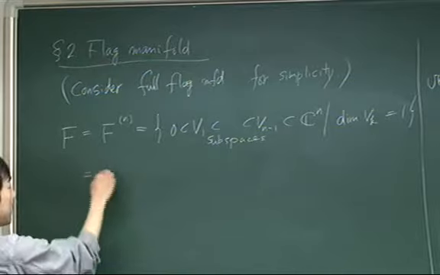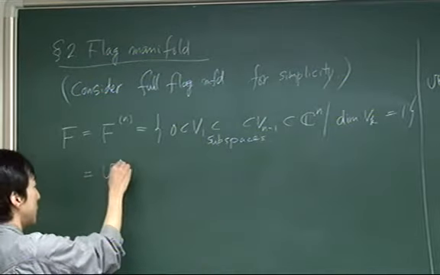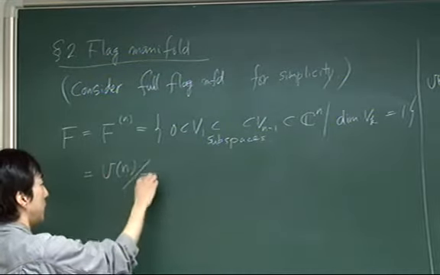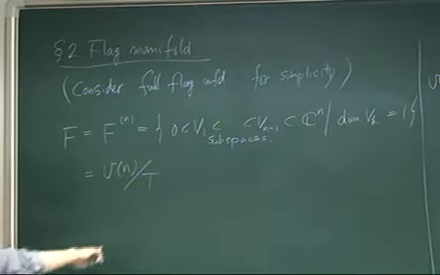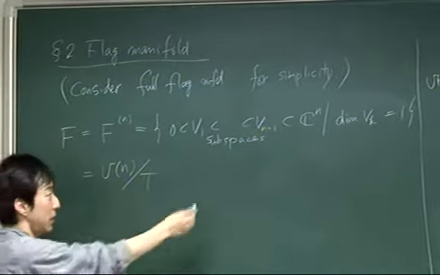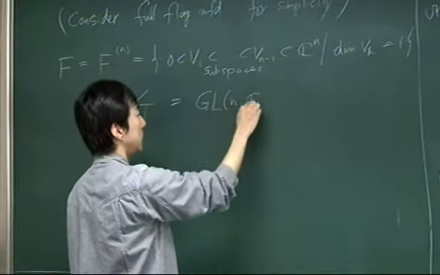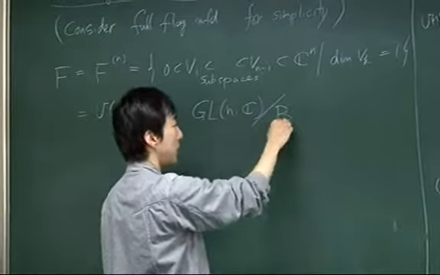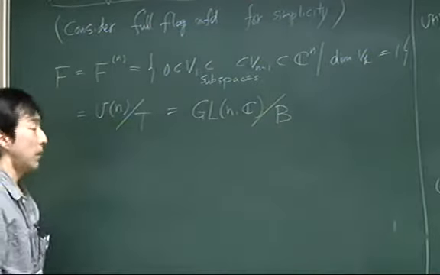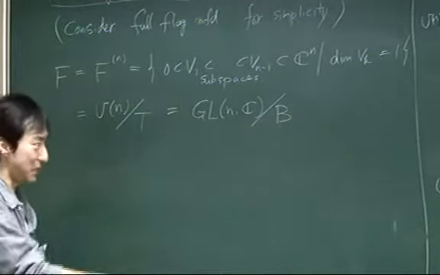And as a homogeneous space, this can be written as U(N) over T, where T is a maximal torus consisting of diagonal matrices, or GL(N, C) over B, where B is a Borel group of upper triangular matrices.